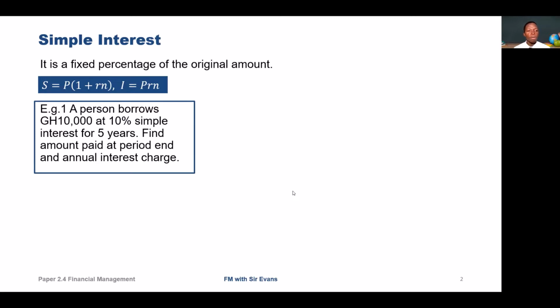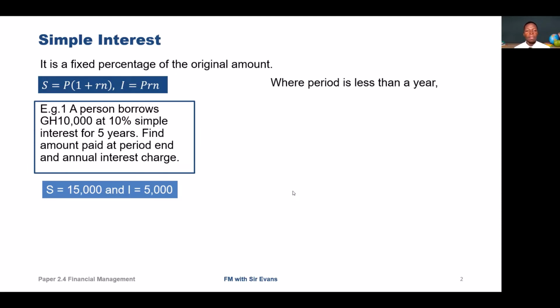So when you put it in the formula, you should get the amount to be paid to be 15,000. The total interest throughout the whole 5 years is equal to P, which is 10,000, times R, 10%, times 5. And that will give us 5,000.